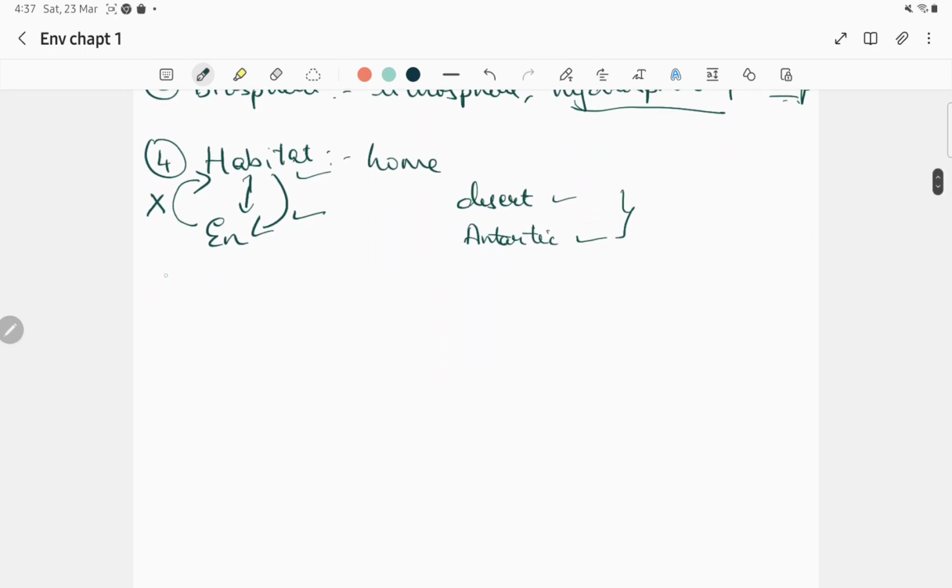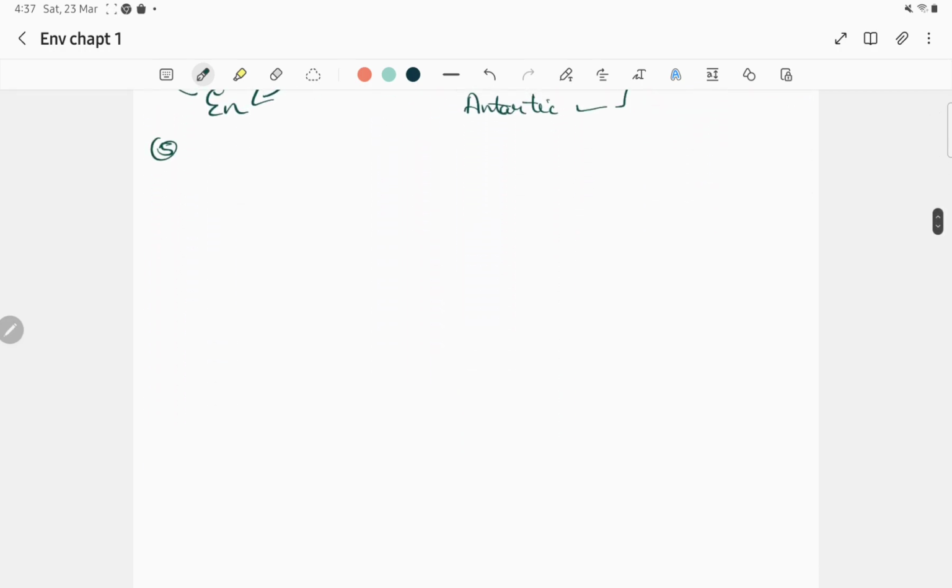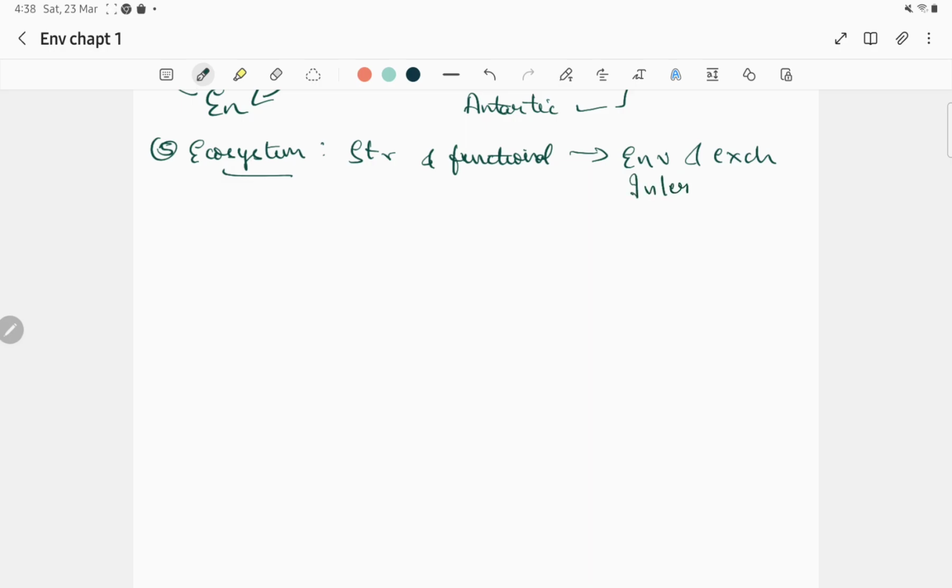Next definition is ecosystem. This ecosystem is the structural and functional unit of a biosphere where living beings interact with the environment and also interact and exchange materials between them.